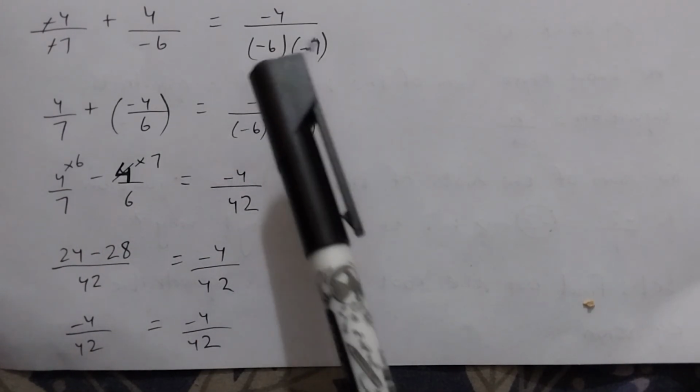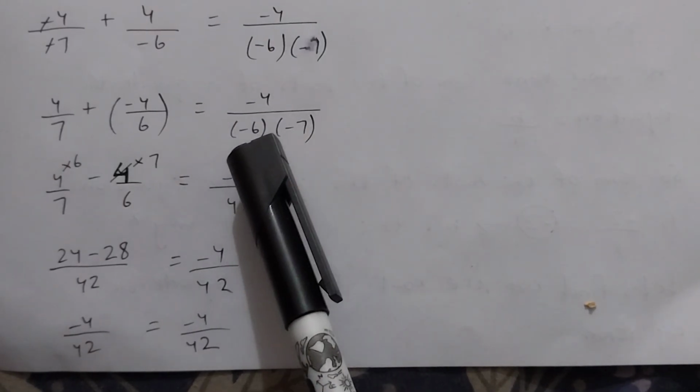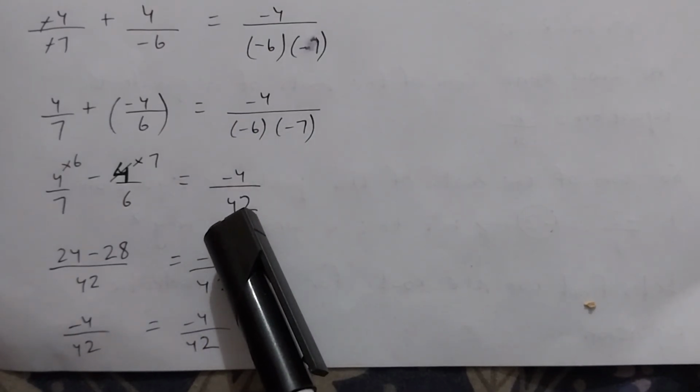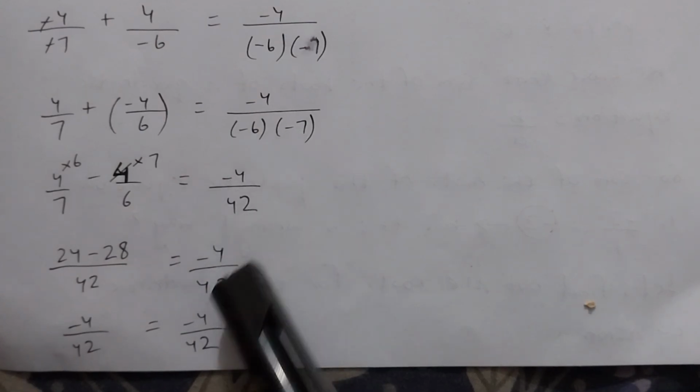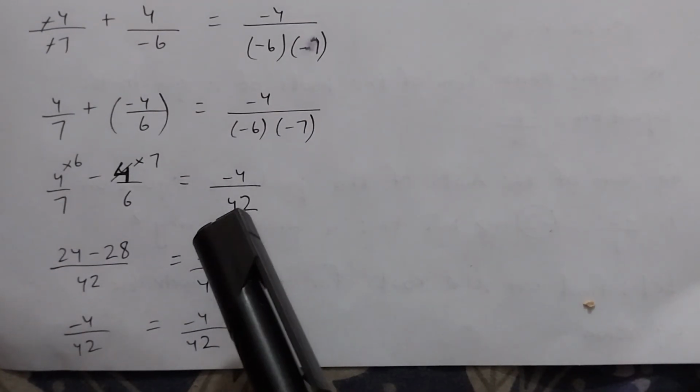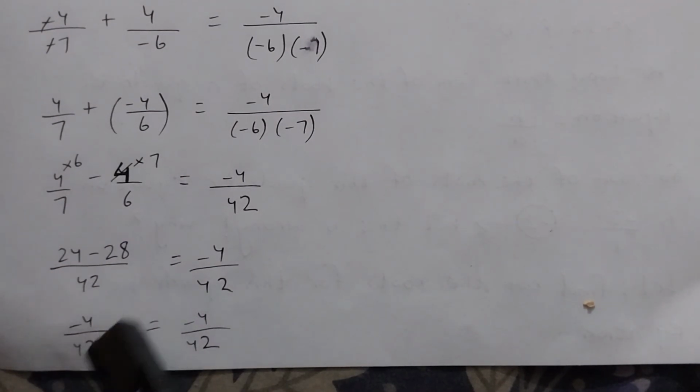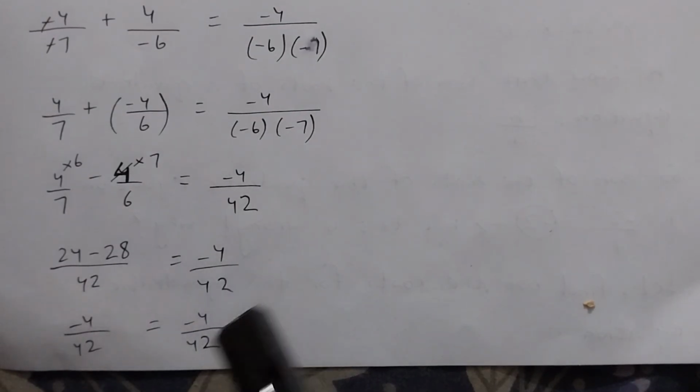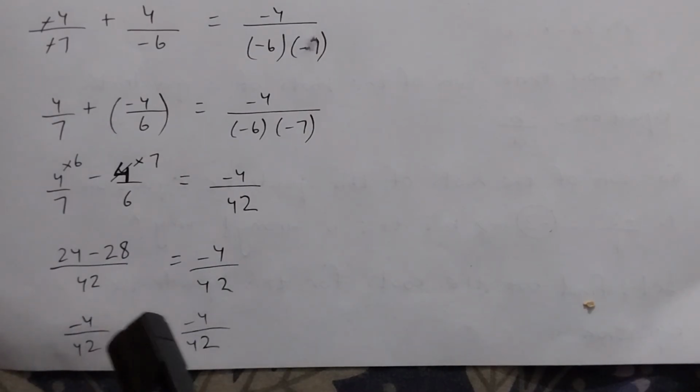And on the right hand side, this negative 6 and negative 7, when multiplied, give us 42, and we get the answer -4 over 42 on the right hand side. On the left hand side also we get -4 over 42. So in this step, we can say that these two are equal, and we can put an equal to sign between them. So -4 does satisfy our given equation.